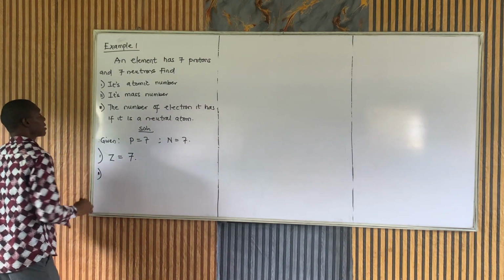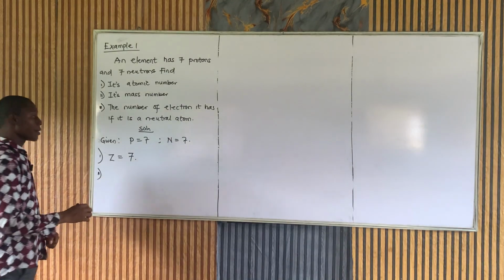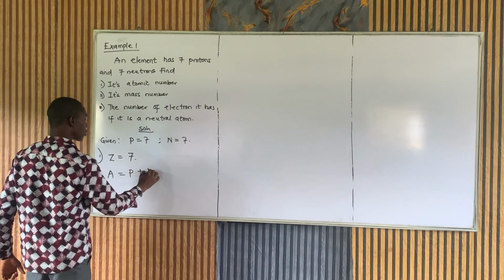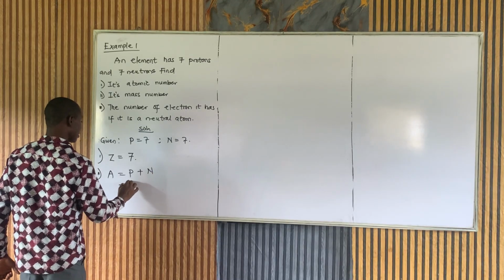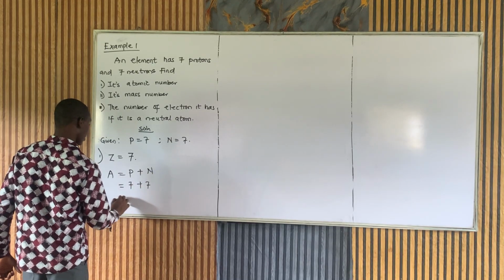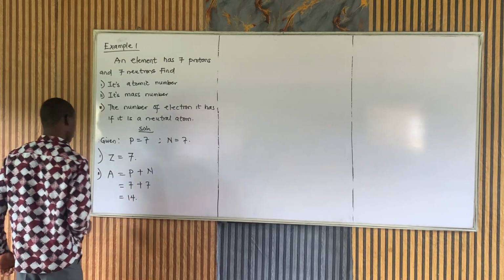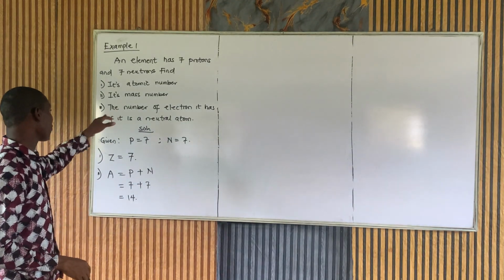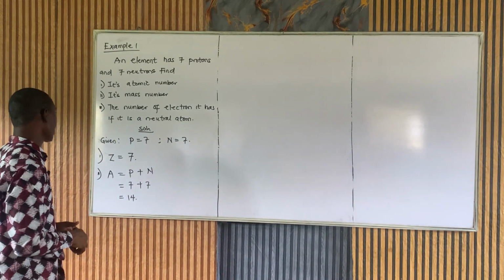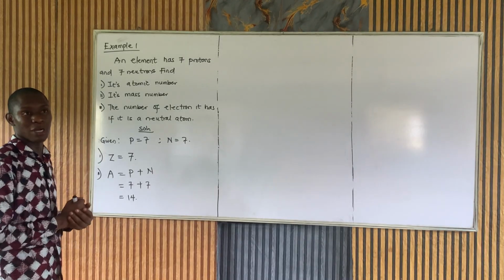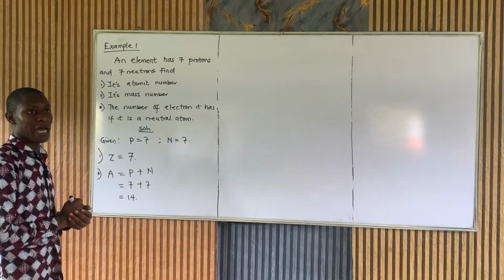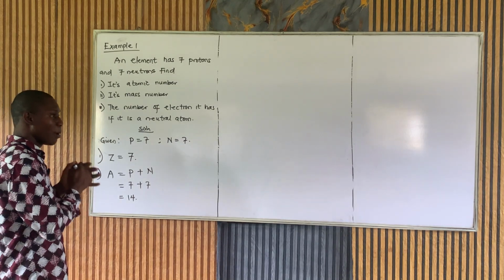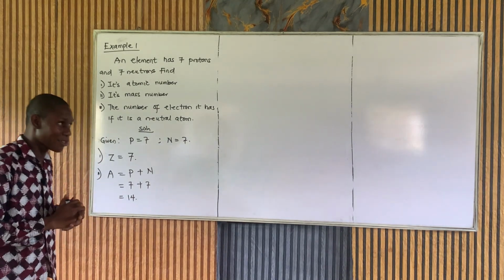Now the second one says its mass number. We know that the mass number is the sum of protons plus neutrons. And so that will be 7 plus 7, which is just 14. Now the last one is to find the number of electrons it has if it's a neutral atom. If an atom is neutral, the number of protons it has will be the number of electrons.